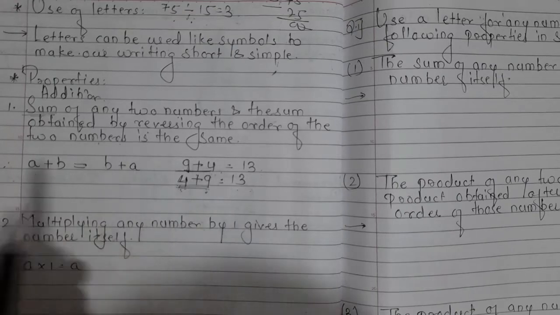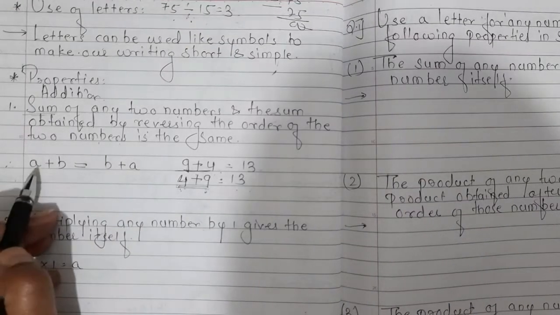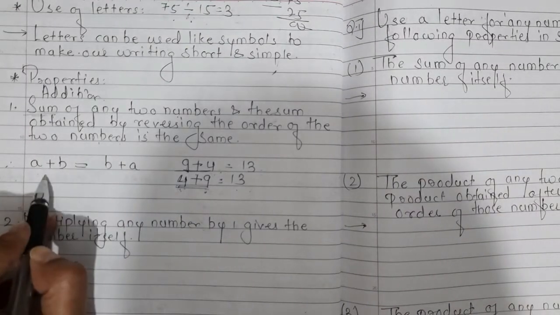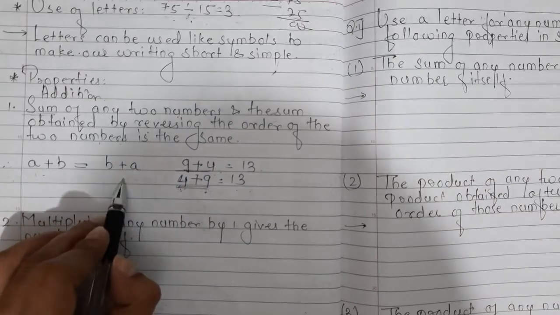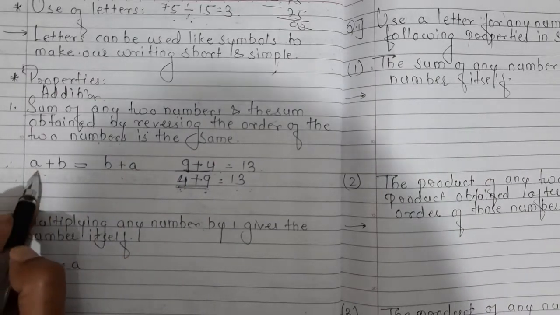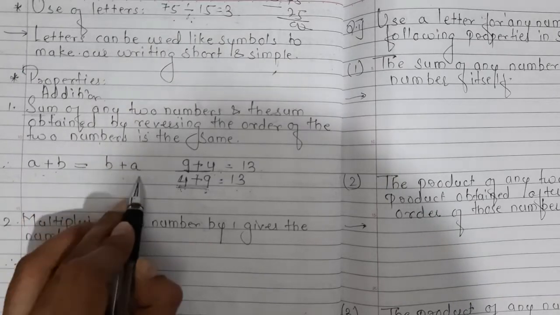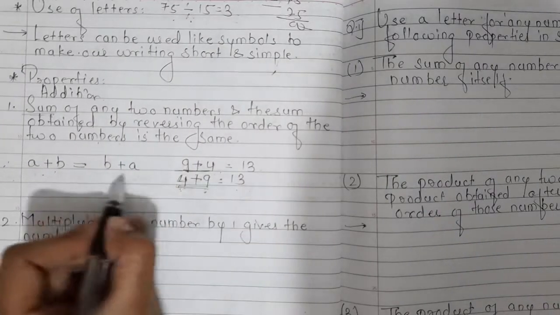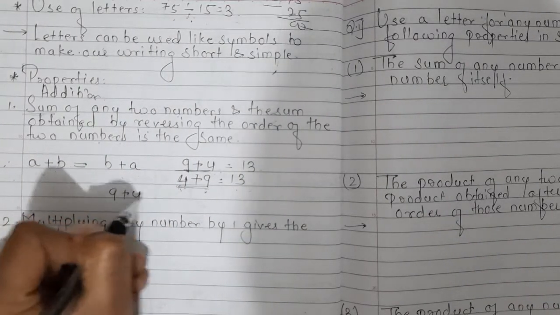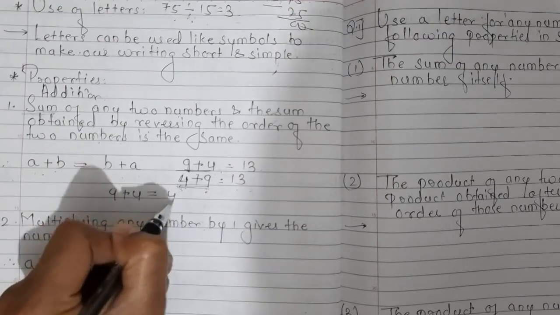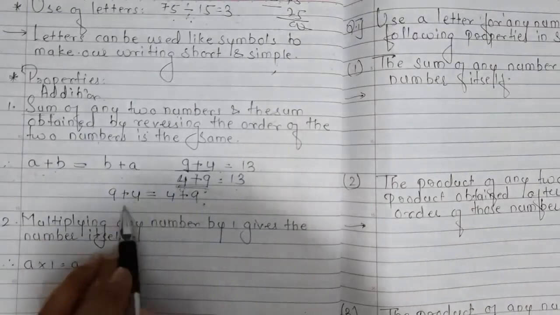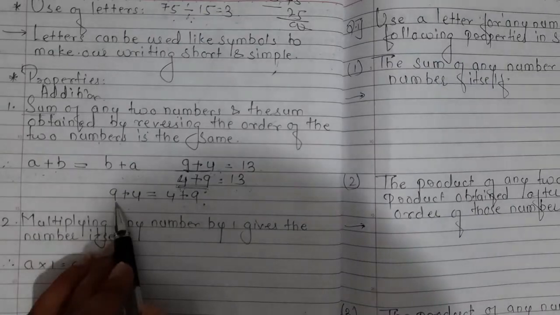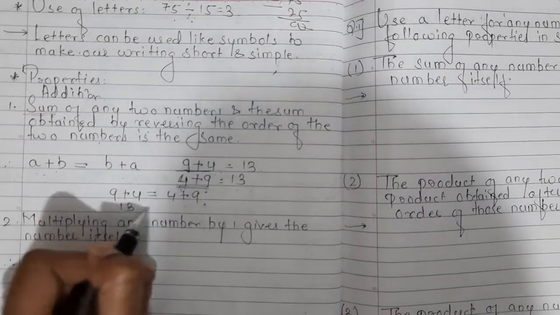So here I have written this same expression using the letters, that is a plus b is equal to b plus a. Here 9 plus 4 is equal to 4 plus 9. Why? Because both the expressions give you the same answer, 13.